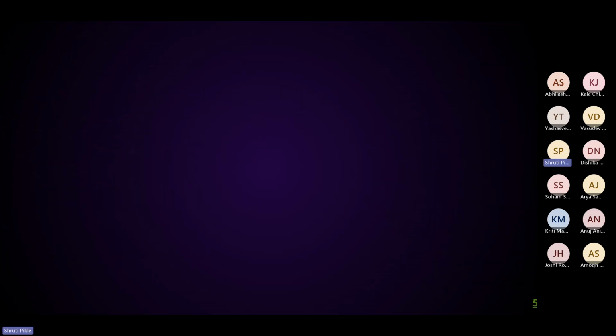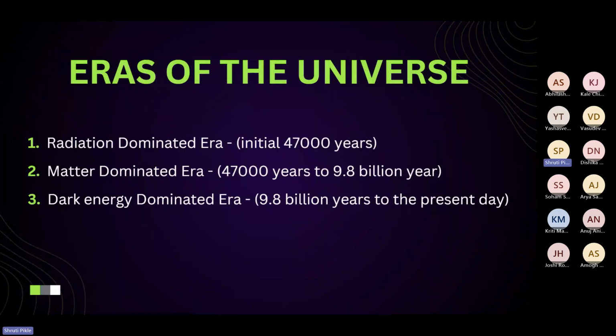The eras of the universe are the radiation-dominated era, which lasted in the initial 47,000 years, the matter-dominated era, which lasted from 47,000 years to 9.8 billion years, and the dark energy-dominated era that lasted from 9.8 billion years to the present day.